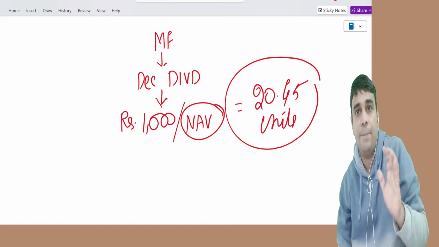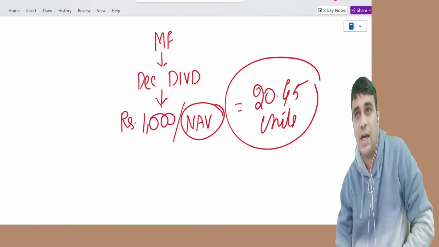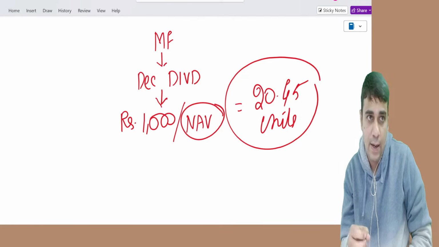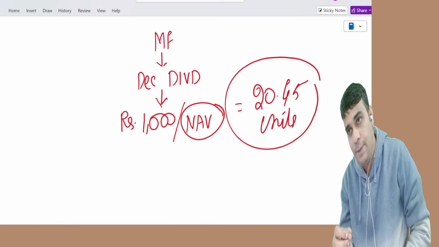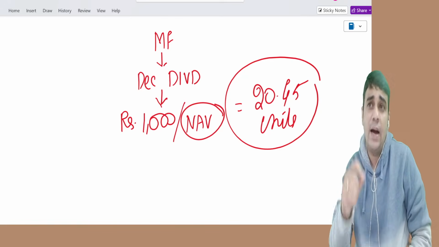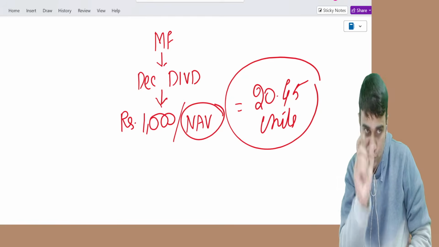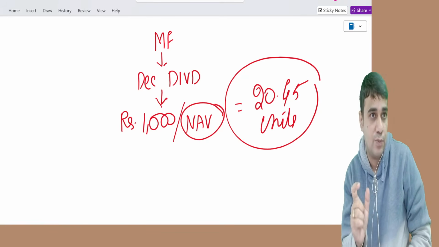If this happens, my earlier formula cannot give me the annual return. What is the earlier formula? (NAV1 minus NAV0 plus D1 plus CG1) divided by NAV0, into 12 by M, into 100. Why can't it give the answer? Because that formula assumes the opening units and the closing units will remain the same.